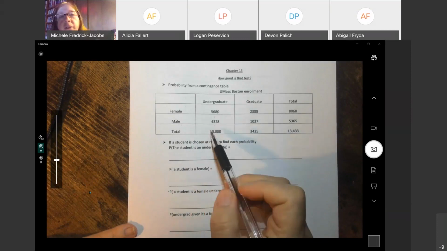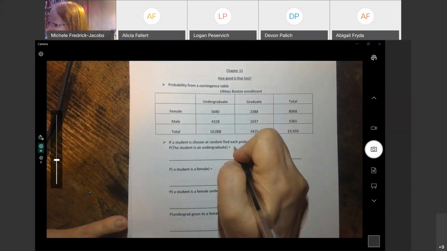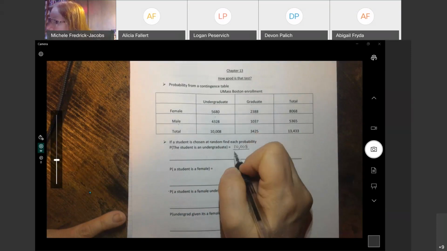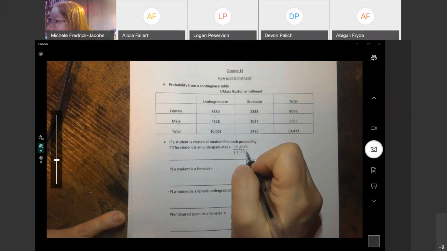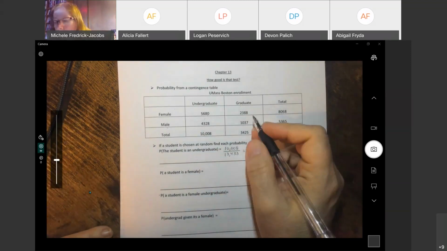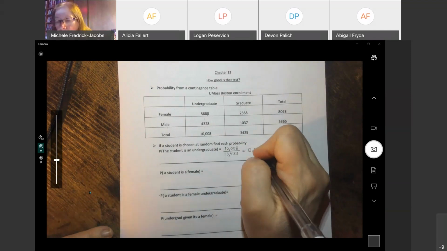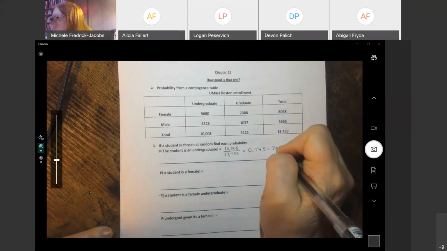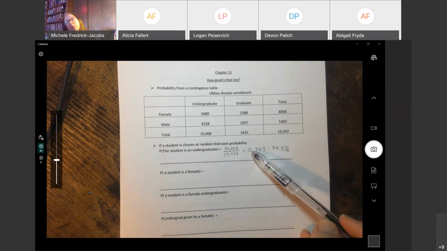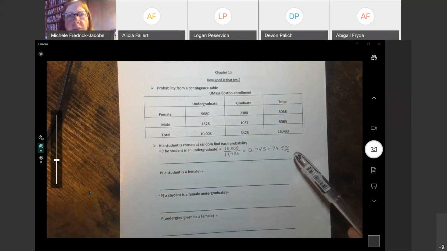So the undergraduates are 10,008, and the total students, 13,433. We divide those. We get the decimal or the percent. Usually we use these in percent form or fraction.